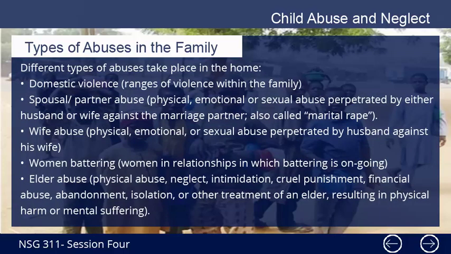Types of abuses in the family. Different types of abuses take place in the home. 1. Domestic violence, ranges of violence within the family. 2. Spousal or partner abuse, physical, emotional, or sexual abuse perpetrated by either husband or wife against the marriage partner, also called marital rape. 3.